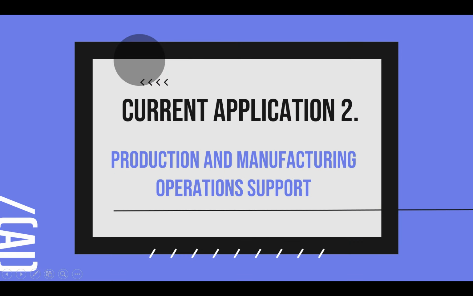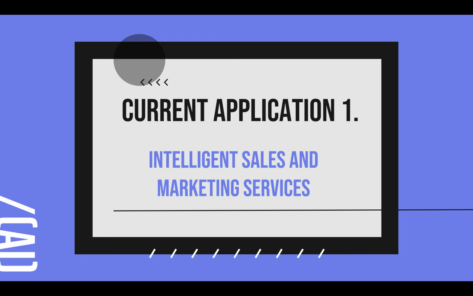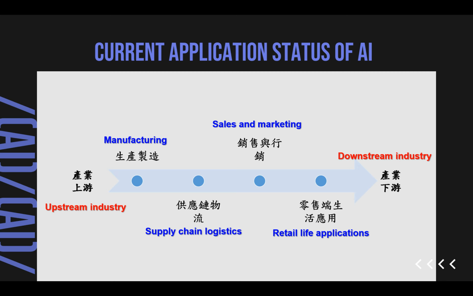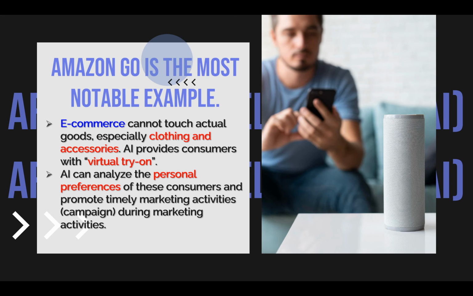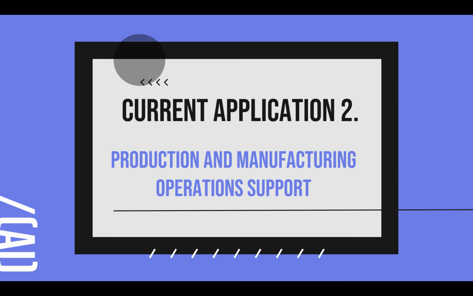And for the production and manufacturing operations support, you must remember the figure here. I have a connection from upstream industrial to downstream industrial, so you are not lost in the bush.